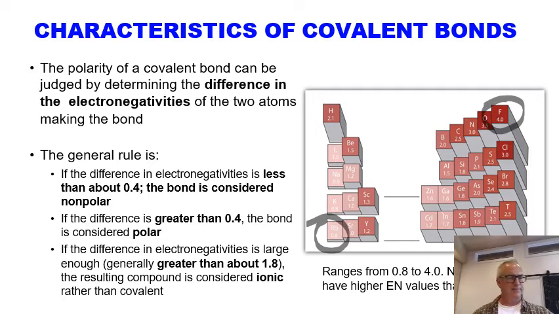Now notice there's a pattern here. Electronegativity goes down as the atoms get bigger and bigger. That makes sense because the bigger an atom is, the less that nucleus can pull on additional electrons.